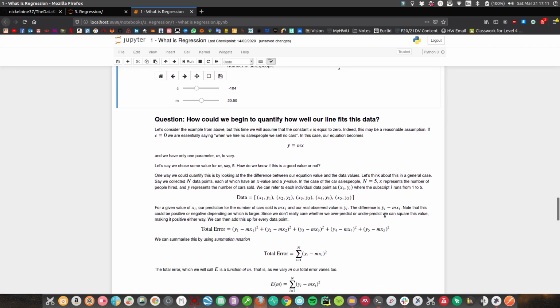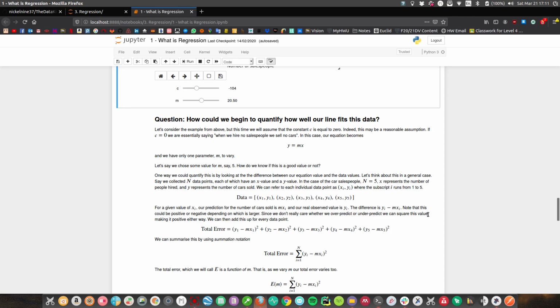Okay, so now we want to ask the question, all right, that's all well and good, but every time we get a new data set, we don't want to have to play around with an m and c. We want to be able to extract these values automatically. So we have to think about how we quantify how good or bad a certain value of c or m is for our data set.